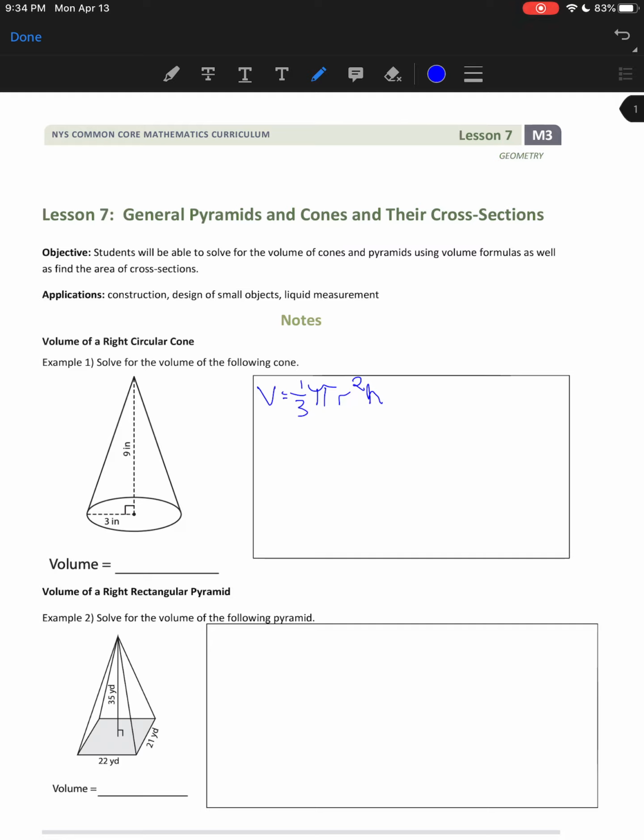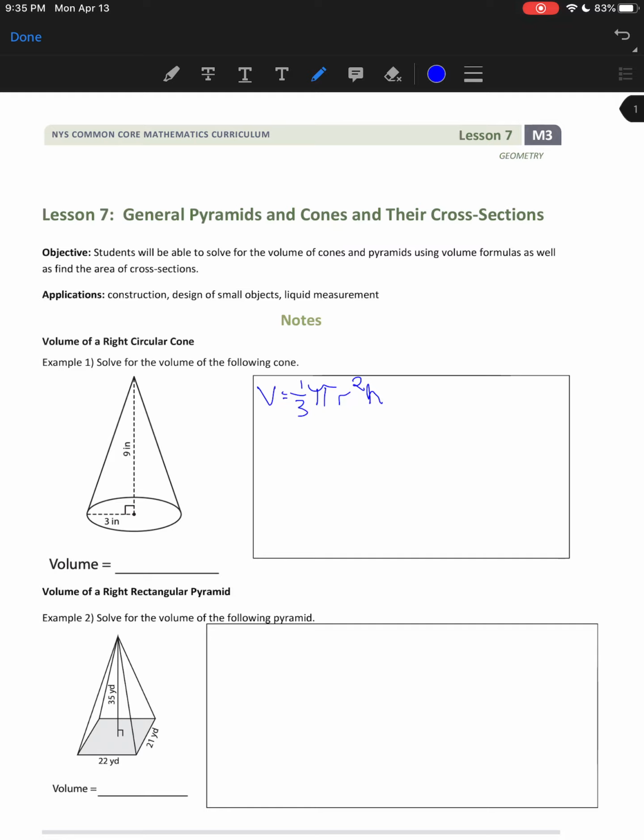So r again stands for the radius of the base, and height, of course, is how tall our 3D shape is. Now all we have to do is plug our numbers into this volume formula.